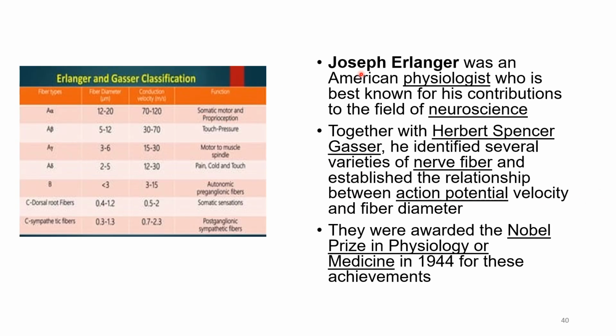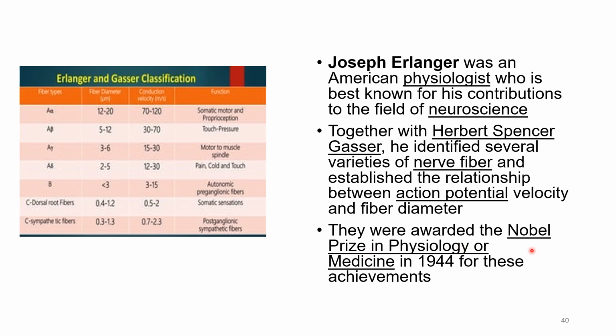So first coming to Erlanger-Gasser classification. Joseph Erlanger was an American physiologist and he worked in the field of neuroscience. He, with Herbert Spencer Gasser, identified several varieties of nerve fibers. They established a relationship between the conduction velocity and the diameter of the nerve fiber.